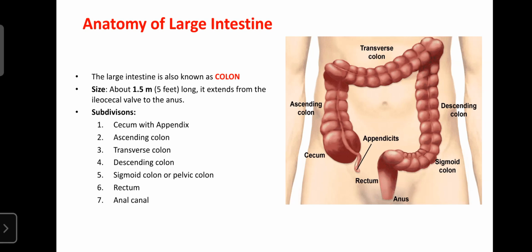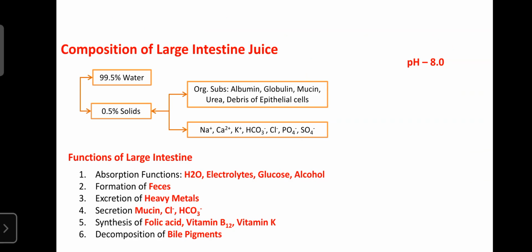Next is the secretion of the large intestine. It mainly consists of 99.5% water and 0.5% solids. Regarding the solids, organic substances like albumin, globulin, mucin, urea, and debris of epithelial cells are present.